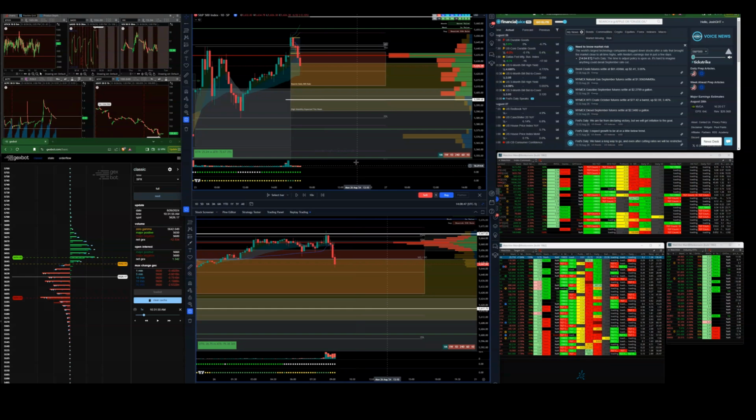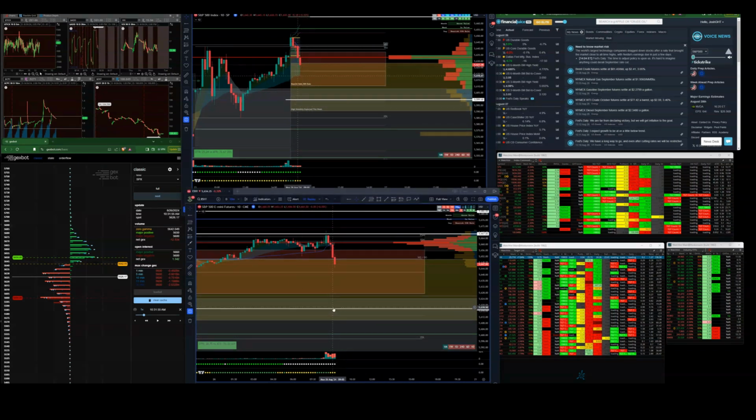So we're going to the point of control for the Friday, and then we also have the point of control down here. But we see the major negative gamma line is down here, and on the ES that would be somewhere around this level. That's how I'm looking at it.